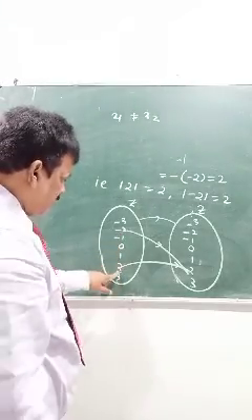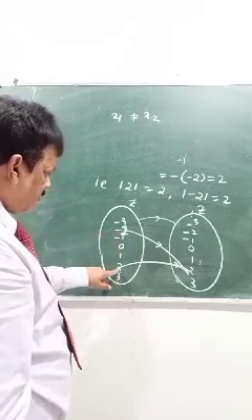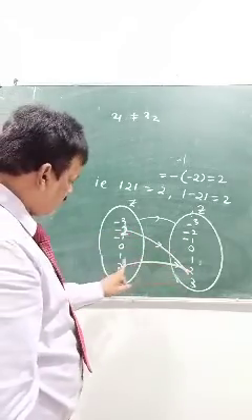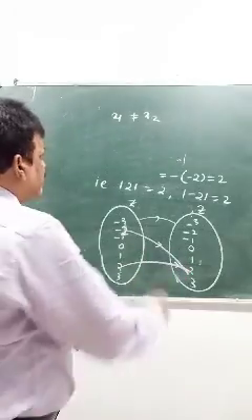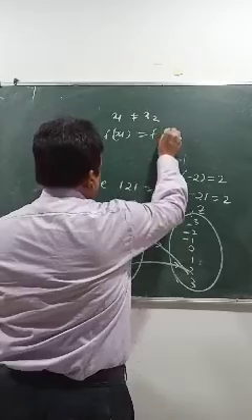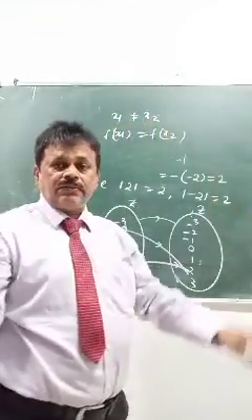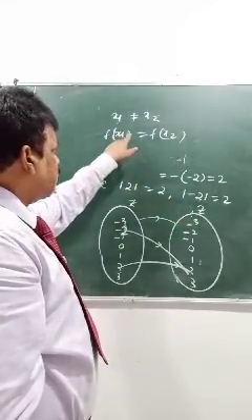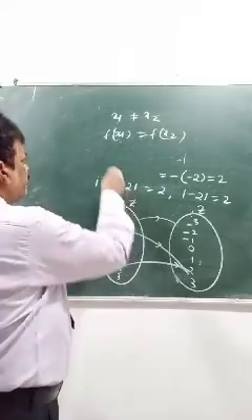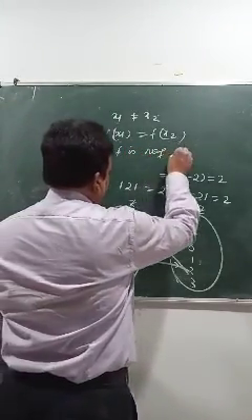Take x1 as 2 and x2 as minus 2. x1 is not equal to x2, but f(x1) equals f(x2). Actually, if x1 is not equal to x2, then f(x1) should not be equal to f(x2), but you are getting the same. Therefore f is not one-one.